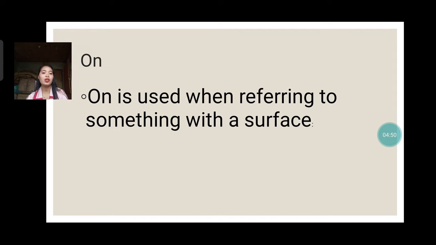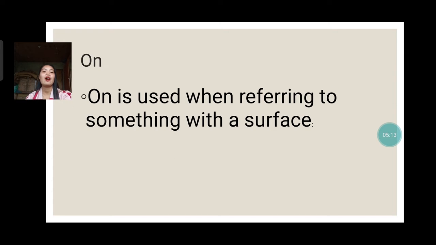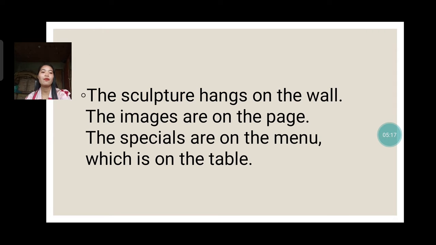On is used when referring to something with a surface. Examples: the sculpture hangs on the wall. The images are on the page. The specials are on the menu, which is on the table. We can say that on is used when we refer to something with a surface.